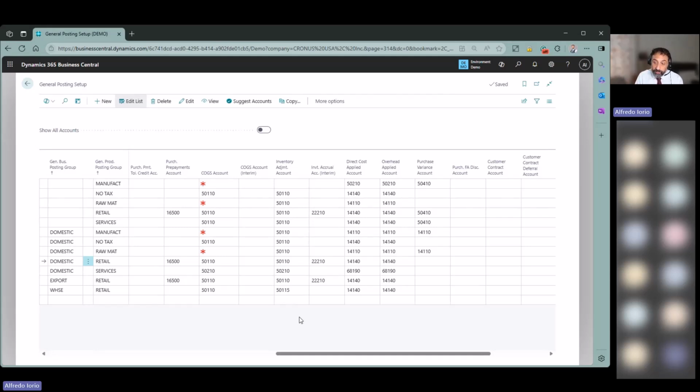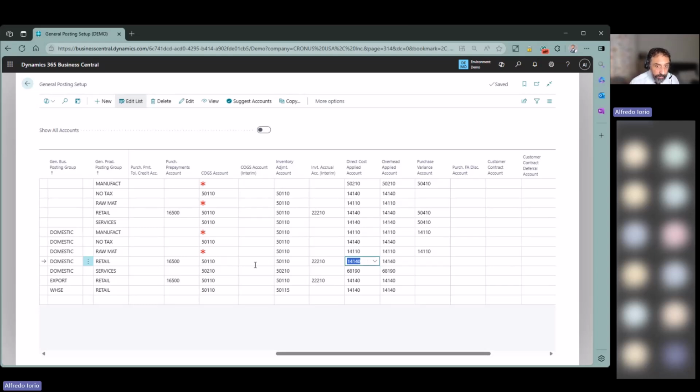In the US, we have GAAP. I am confident that in US GAAP, direct cost applied should not be a balance sheet account. So another example: posting groups and posting setups in Kronos are sometimes just wrong, and you cannot use them as a reference point for your clients, unfortunately.